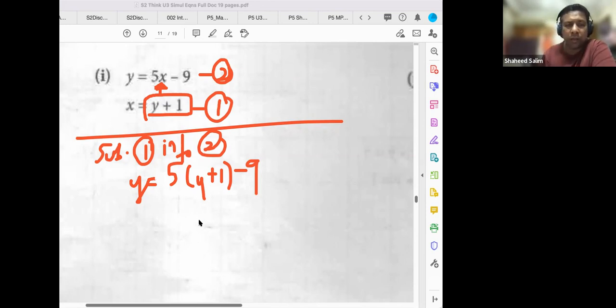So down here, you put y plus 1 inside. So it becomes y equals 5(y plus 1) minus 9. You expand and find out what it is. You can find what y is.